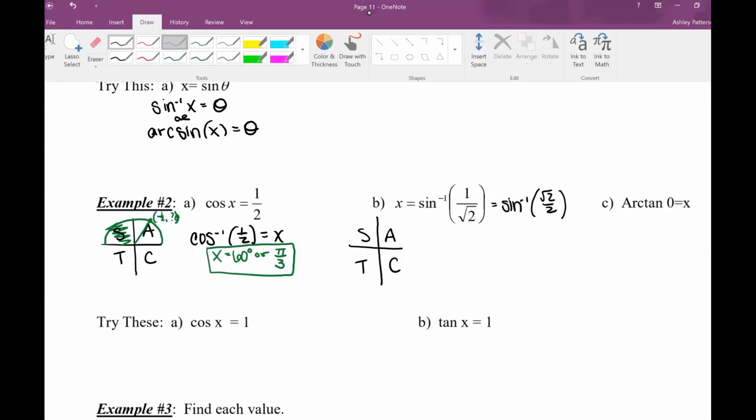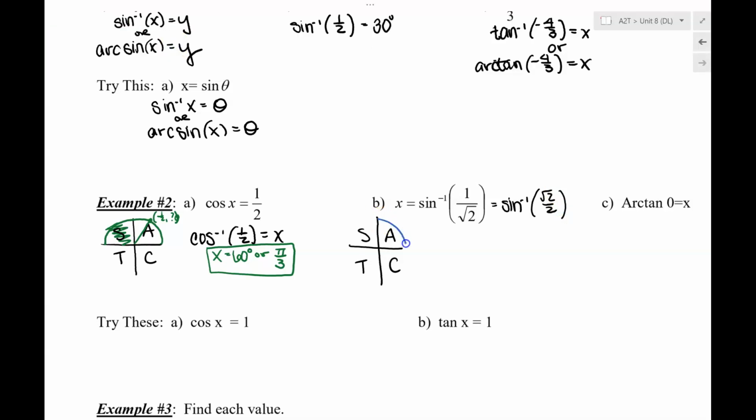Inverse sine goes from -pi/2 to pi/2. Here it is positive, so I'm not going to deal with that fourth quadrant. I'm only going to deal with the first. And rad 2 over 2 is the y coordinate, because it's sine, on our rotation of a 45-degree angle, or pi over 4 in radian measure.